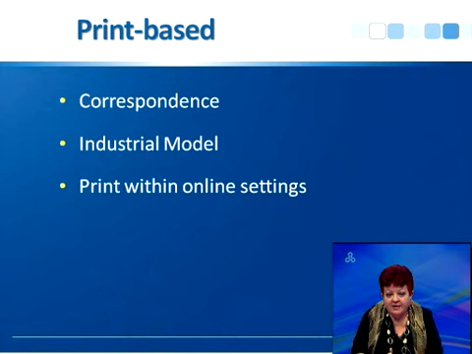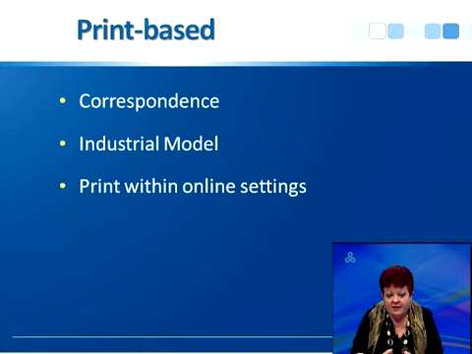Some of these correspondence colleges gained a bad reputation because they sent the students materials that were not of very high level. And as I said, the UK Open University, when it was established in 1969 and provided the new industrial model, changed totally the way that materials were produced for the purpose of distance education.